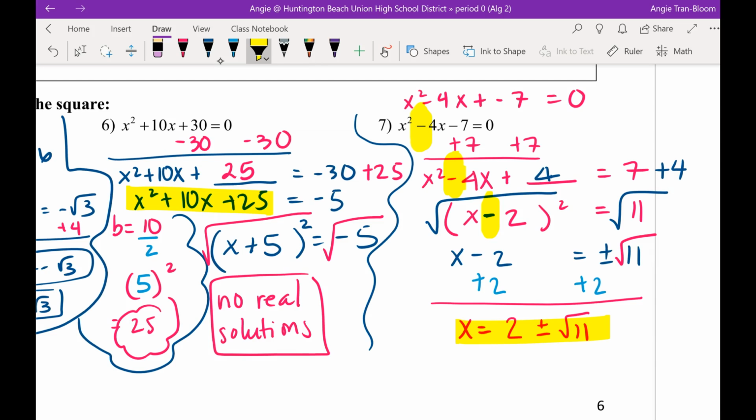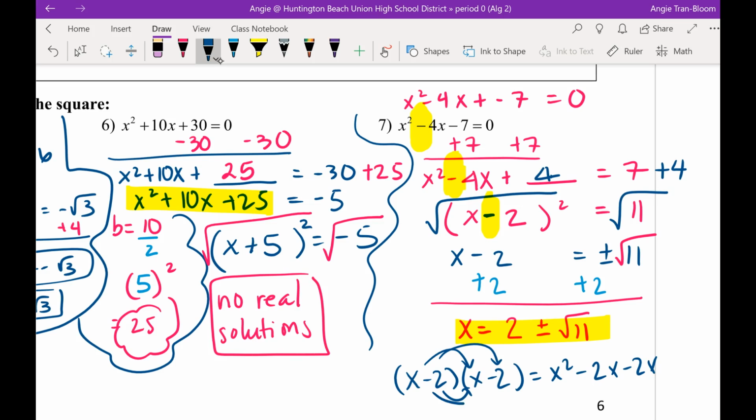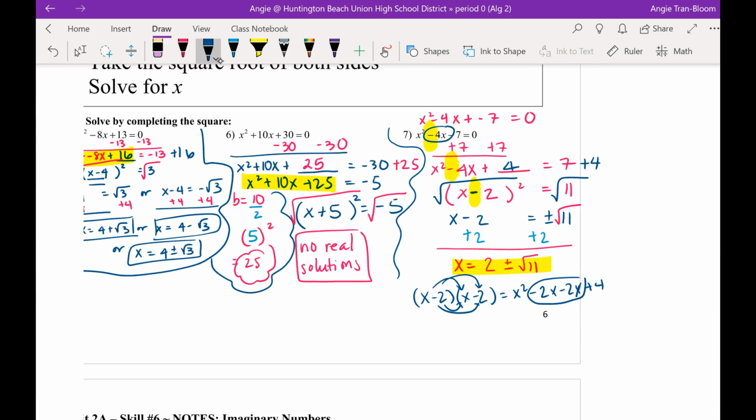When I multiply this back, remember, x minus 2 times x minus 2: x times x is x squared, x times negative 2 is negative 2x, in the middle is also negative 2x, and at the end, negative 2 times negative 2 is positive 4. When I check them, they have to equal negative 4x. So that's why it has to be minus in the middle. I'm going to pinch it in so you can copy that down.